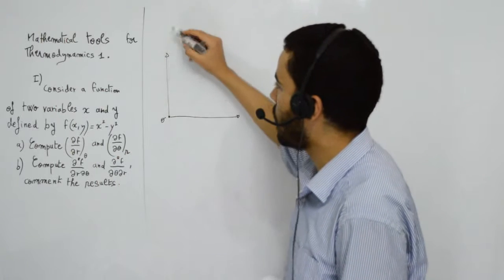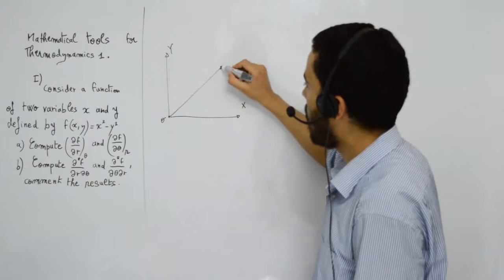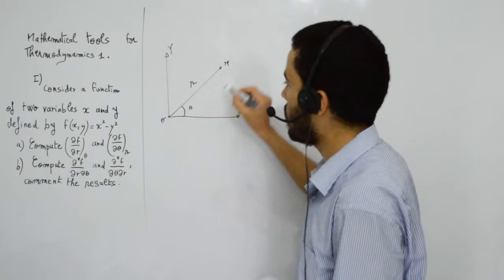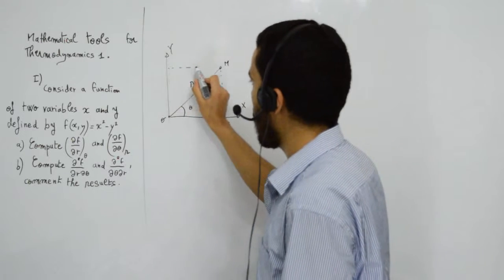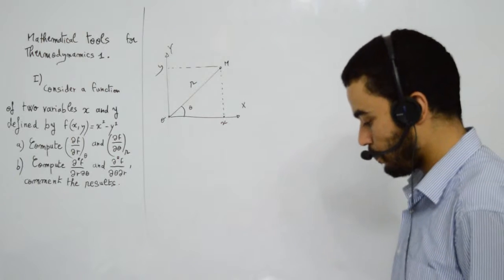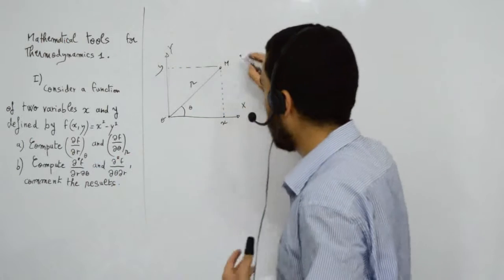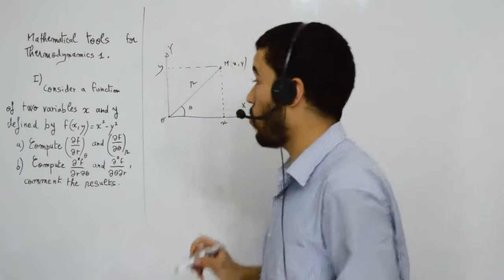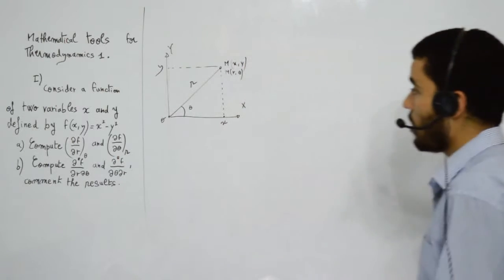We have O here, y and x. We have our point M, and here r, and here theta. And remember, this is x and this is y. So we can see our point M by using the Cartesian coordinates x and y, or by using r and theta.